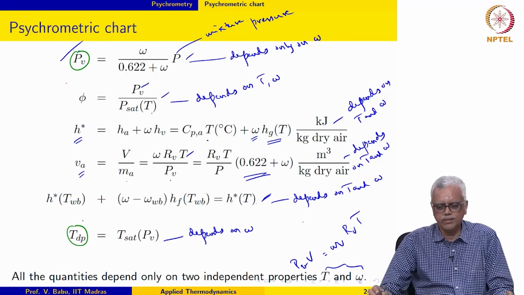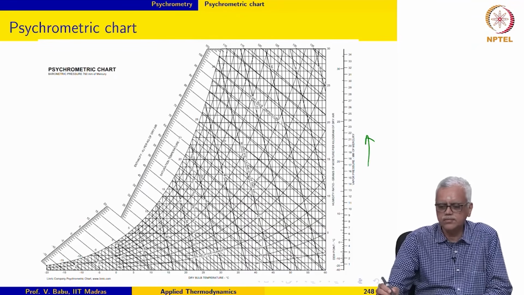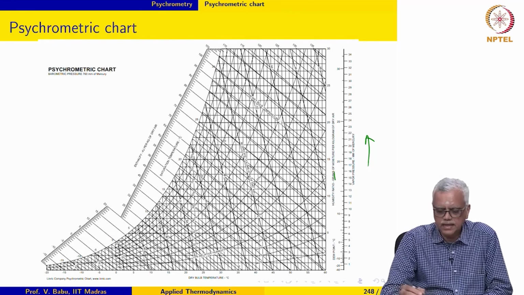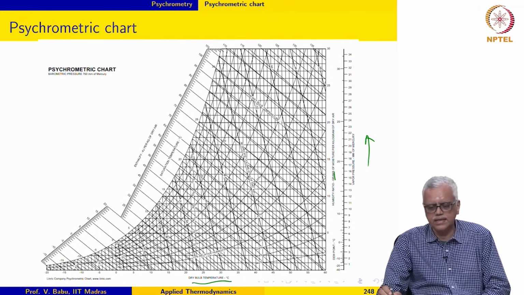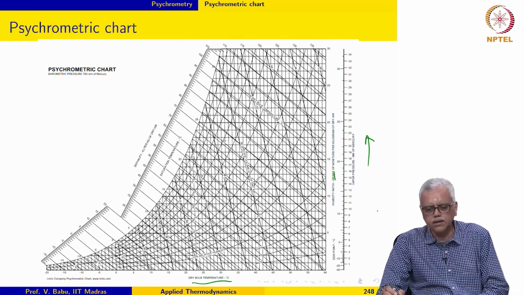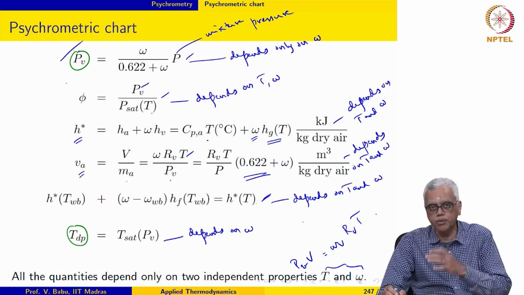So, basically the psychrometric chart, as you can see, has omega as the y axis, and dry bulb temperature on the x axis, and the lines of constant values of each one of these variables are depicted in the chart.